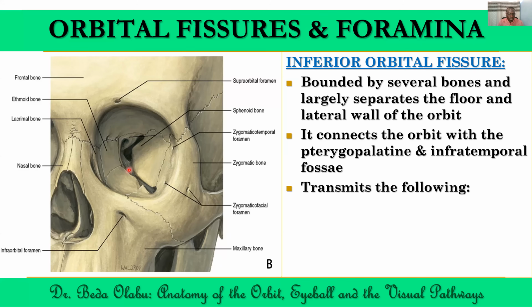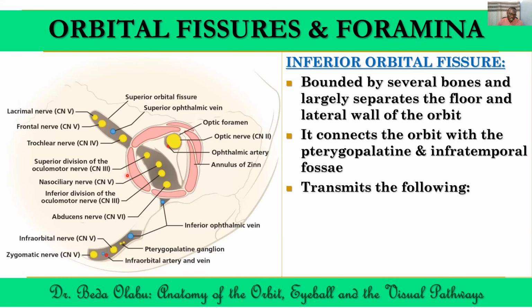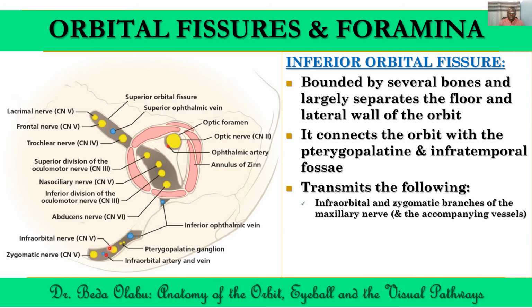The following structures will pass through the inferior orbital fissure. So we're looking at the ones below here. We have the infraorbital and zygomatic branches of the maxillary nerve. So by this time, maxillary nerve has already divided. Maxillary nerve is the second division of trigeminal.